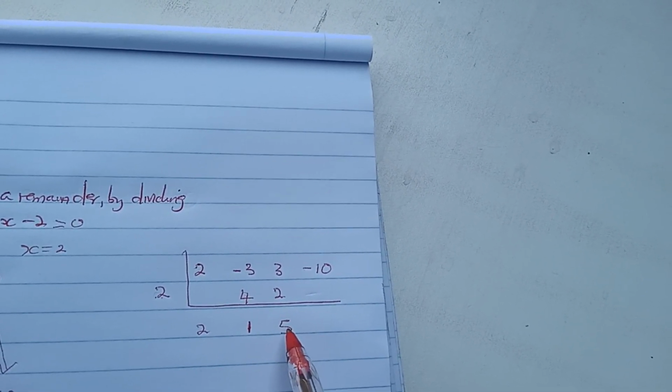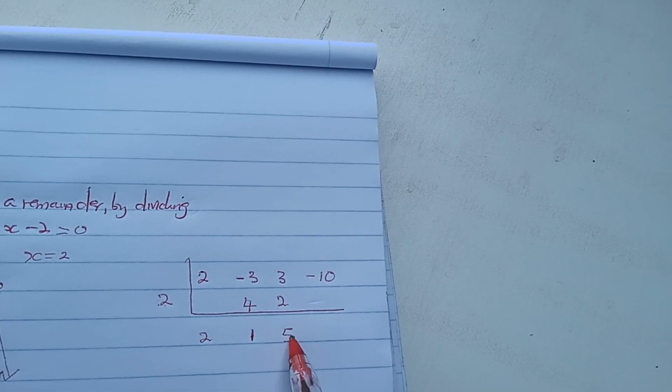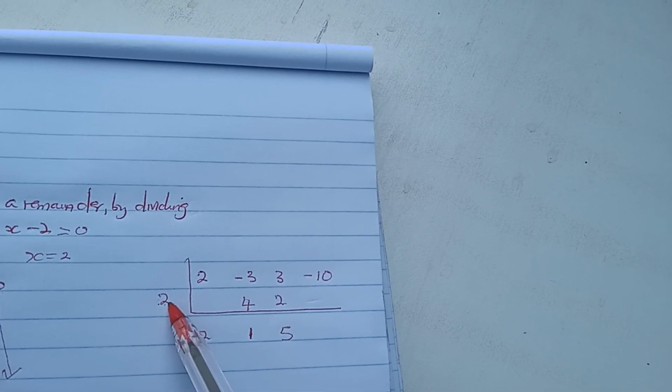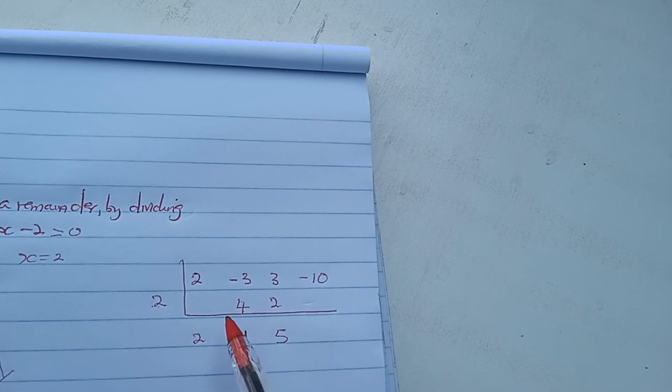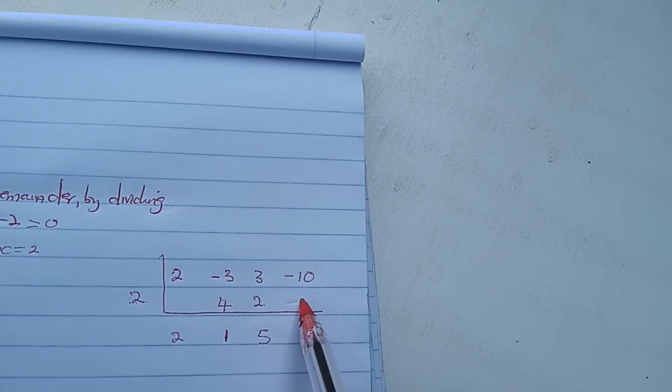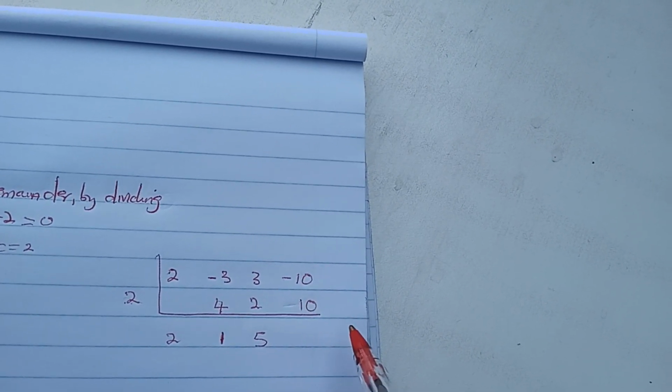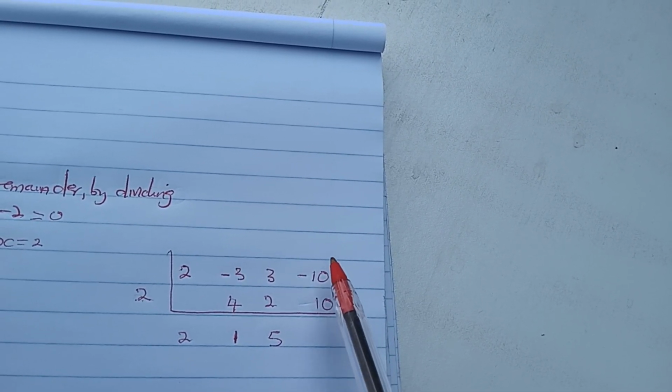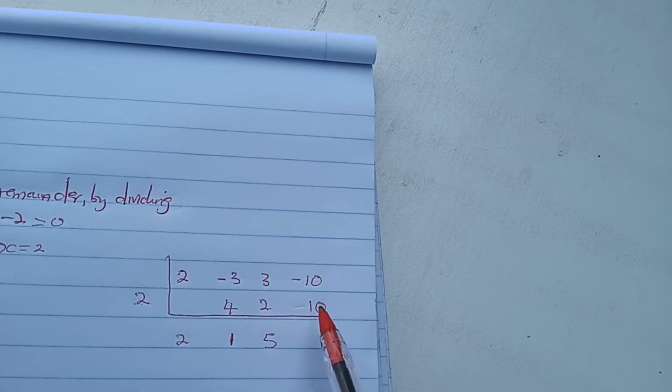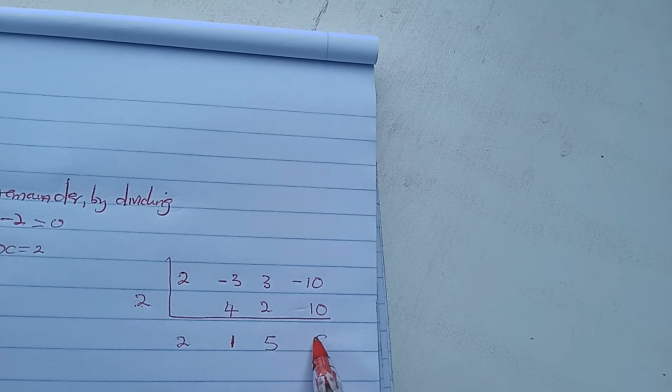We then again multiply this 5 by that 2. So 5 by 2, the answer is 10, and we write it under the negative 10. What do we do next? We add the column. So negative 10 plus 10, the answer is 0.